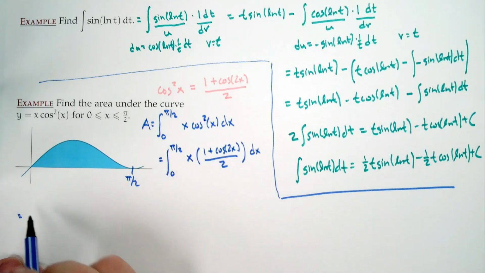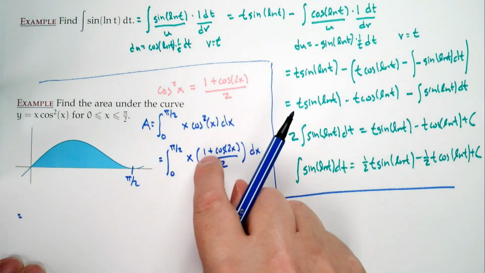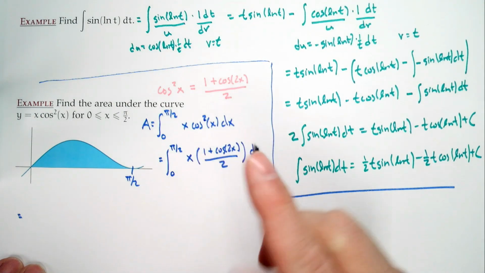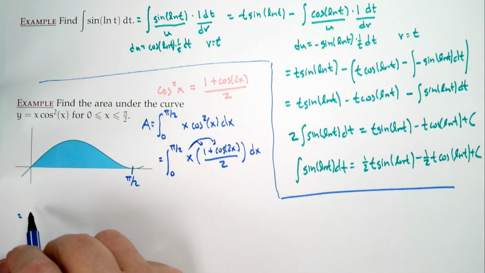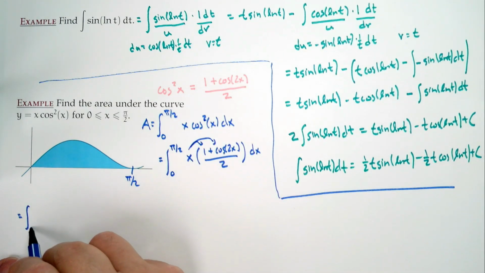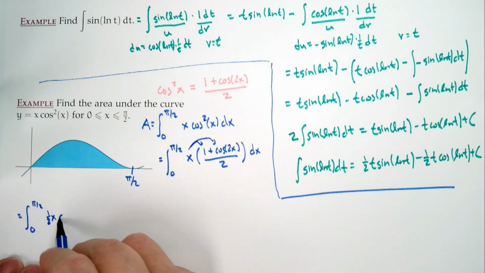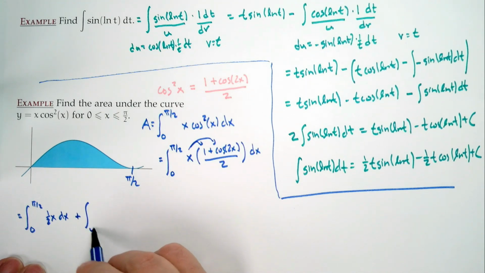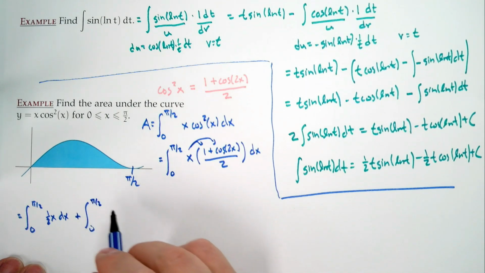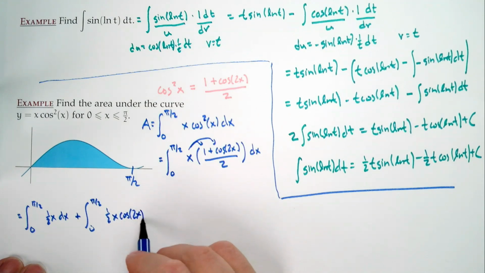I think this has two integrals, right? Because I can use the fact that I have this nice plus sign, after we distribute through. So this will be the integral from 0 to pi halves of 1/2 x dx, as one integral, plus the integral from 0 to pi halves of 1/2 x cosine 2x dx.